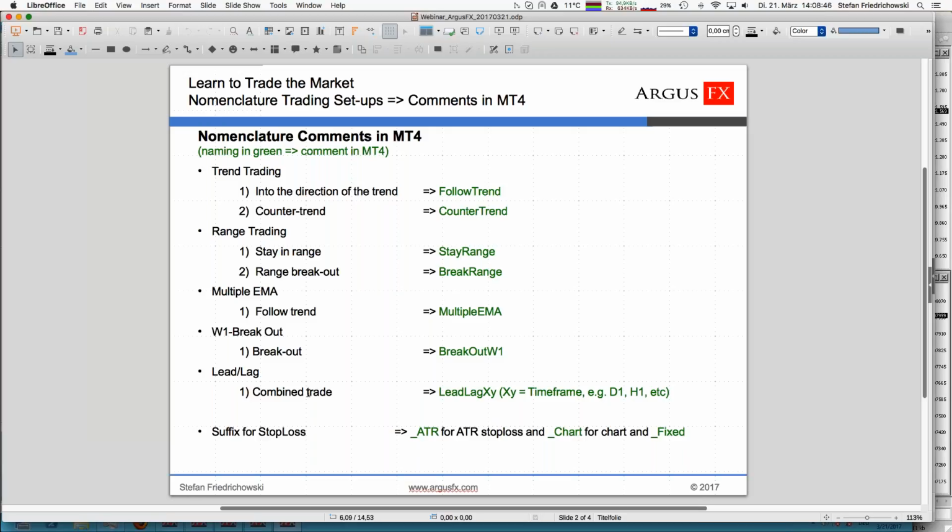And finally, last week we introduced the so-called lead leg strategy, which looks for 6 forex pairs, always starting with euro, Canadian dollar, euro, Australian dollar, and so on and so forth.